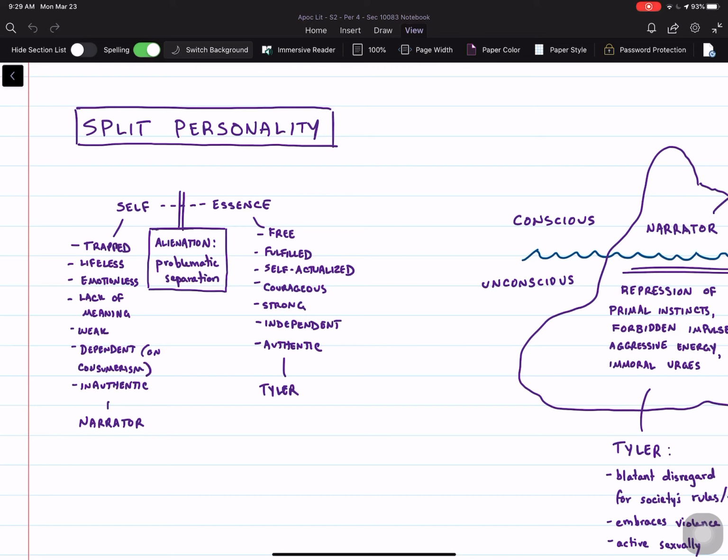On the right here, if we were to look at repression theory, if you remember, the key idea here is that society's rules, morals, demands, limitations end up repressing core primal instincts, forbidden impulses, aggressive energy, immoral urges, those more animalistic aspects of ourselves that are deeper in the unconscious have been repressed by society.